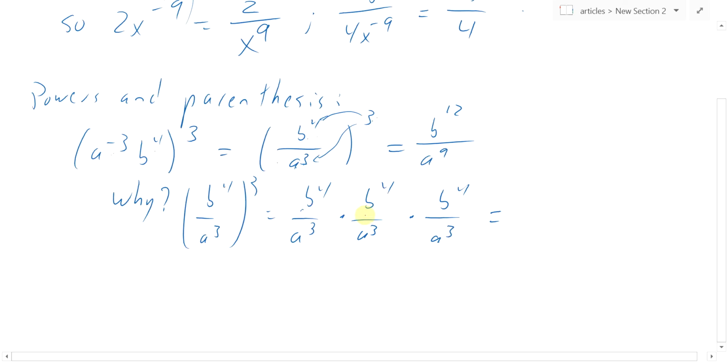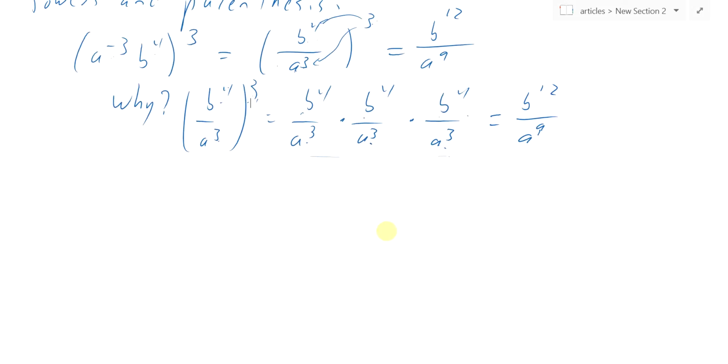Well, I've got 4 here and 4 here and 4 here. That's 12. 4 times 3 gives me 12. How many a's do I have? 3 here plus 3 more plus 3 more, or 3 times 3. That's 9. So it's a little shortcut. If you've got no additional multiplication inside your parentheses, you can distribute the exponents. Right? And we can do this with various expressions.